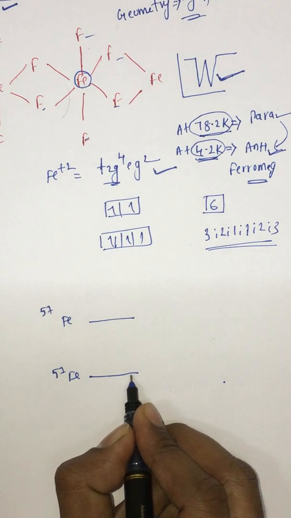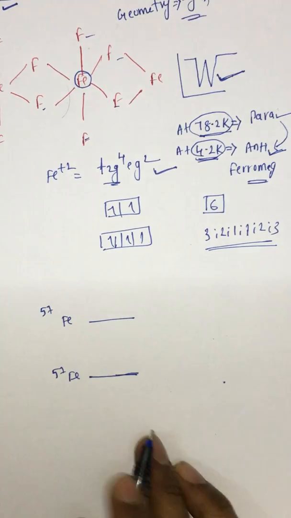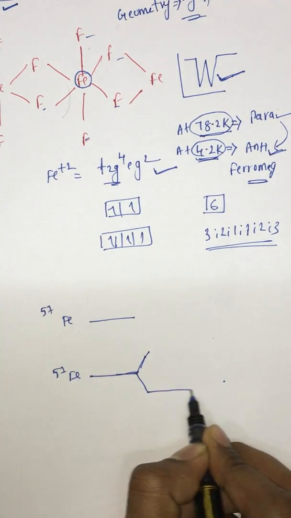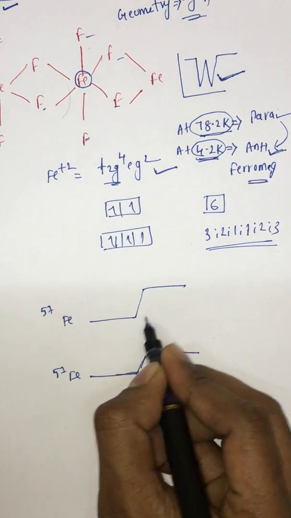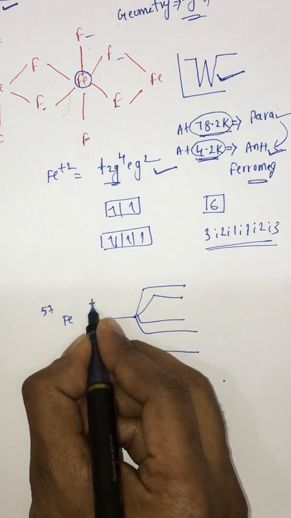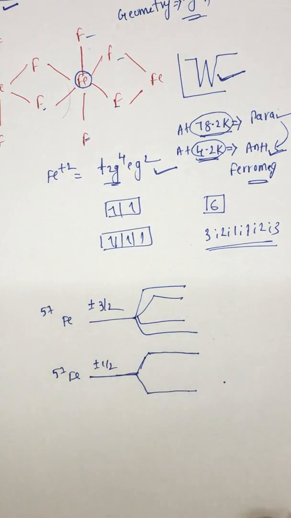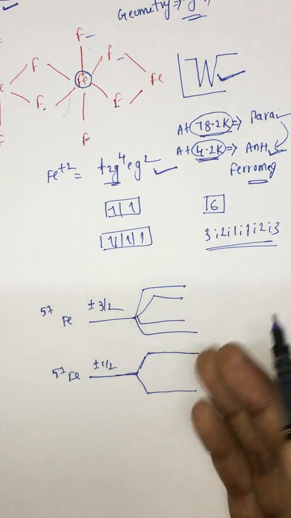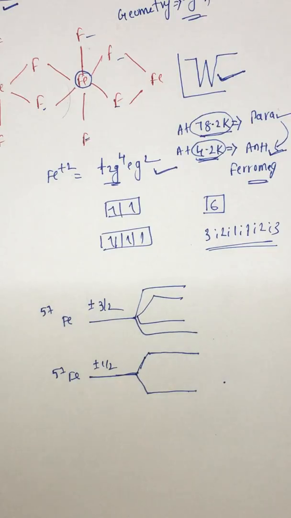And this splitting we generally don't see. This also splits into 2 energy levels, and this splits into 4 energy levels. So this is plus or minus 3/2, this is plus or minus 1/2. In paramagnetic compounds, we generally don't see this splitting, we only see this one. But in antiferromagnetic, because of magnetic interactions, we see both the splittings.